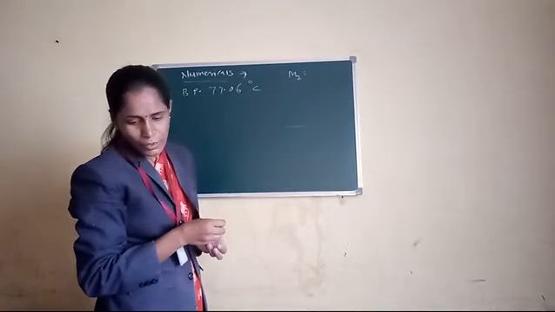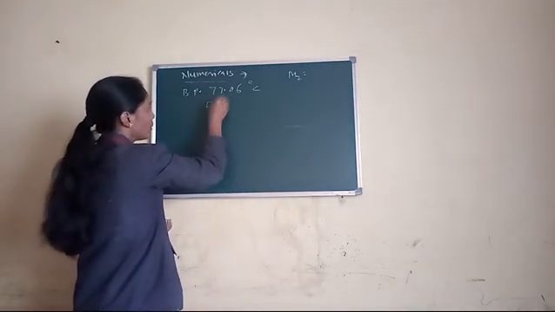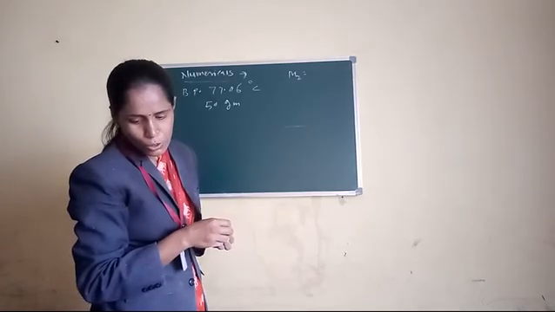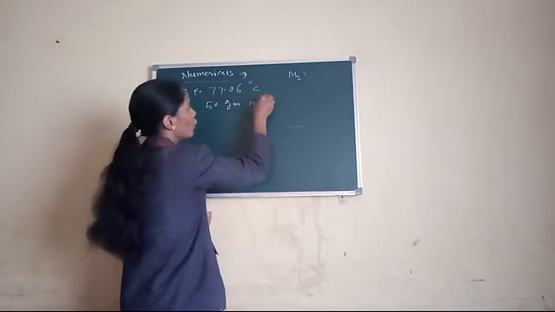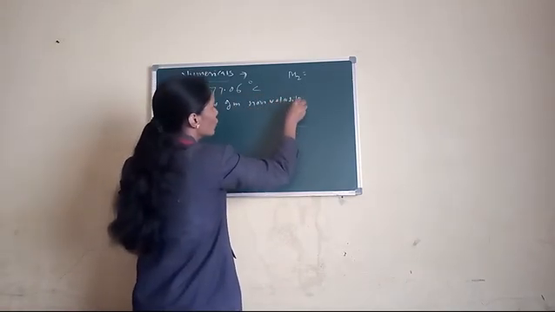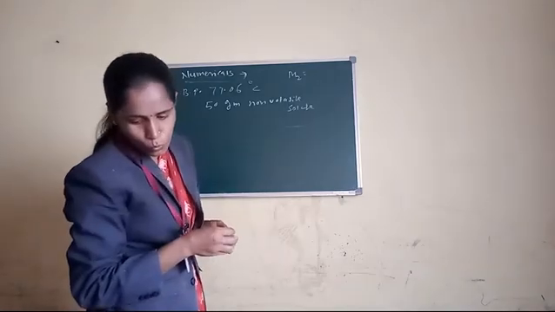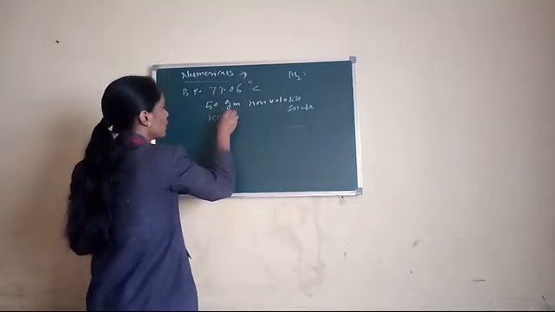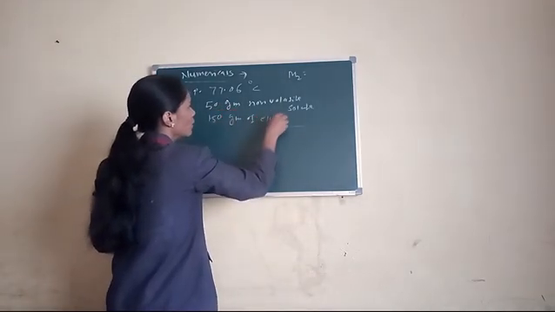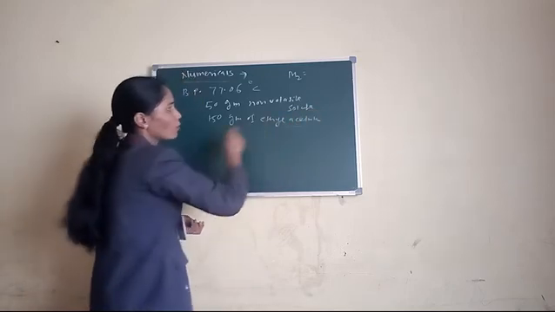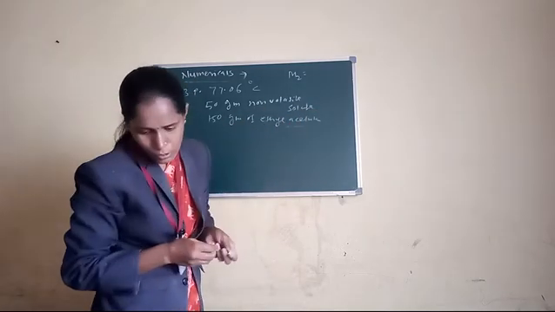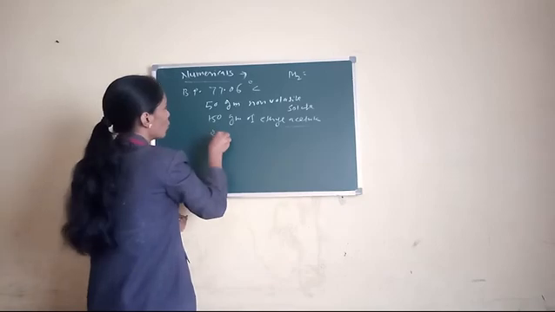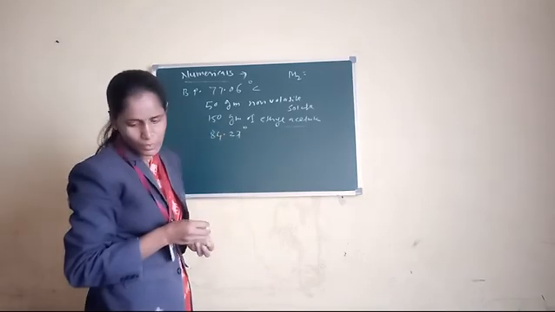A solution of 50 gram of non-volatile solute in 150 gram of ethyl acetate, where ethyl acetate is the solvent, has a boiling point of 84.227 degree Celsius.